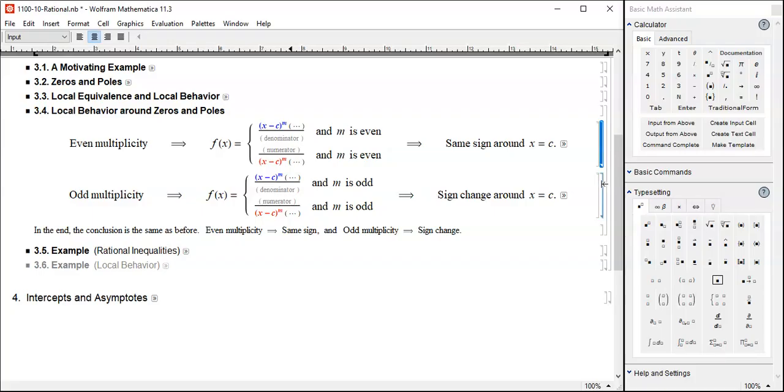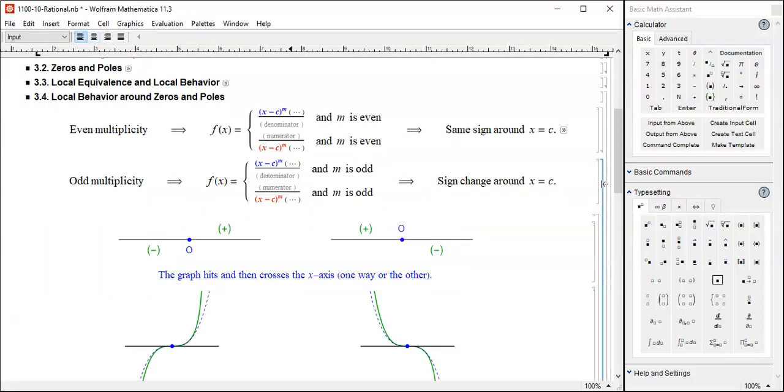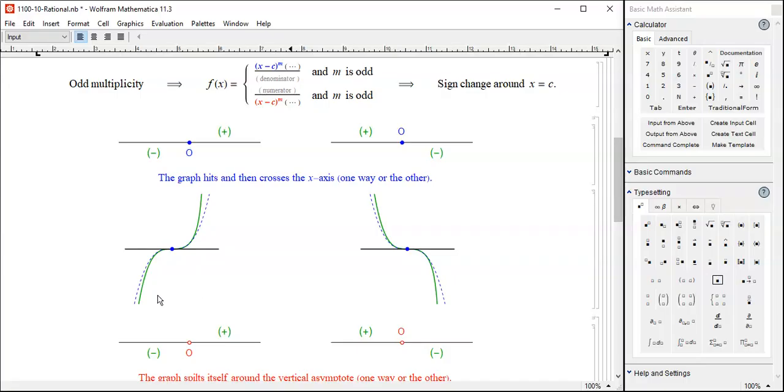How about this? For odd, we have to have sign change. Around 0, we're going to get hit and cutting through. Hit and cutting through. Either way, we have to have sign change. Minus plus or plus minus. Here's a diagram that's going to be very, very useful because graphs reveal too much information.